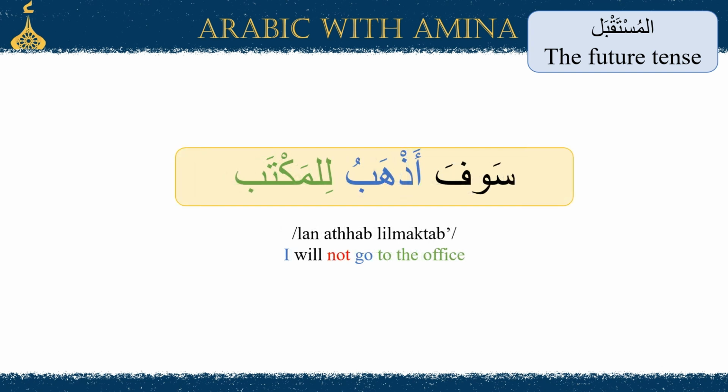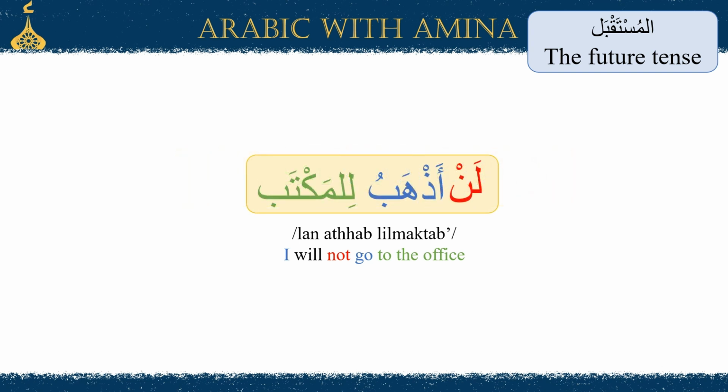Second, we remove the future particle. In this sentence, it is سوف. After removing the future particle, we insert لن. The sentence becomes لن أذهب للمكتب. I will not go to the office.